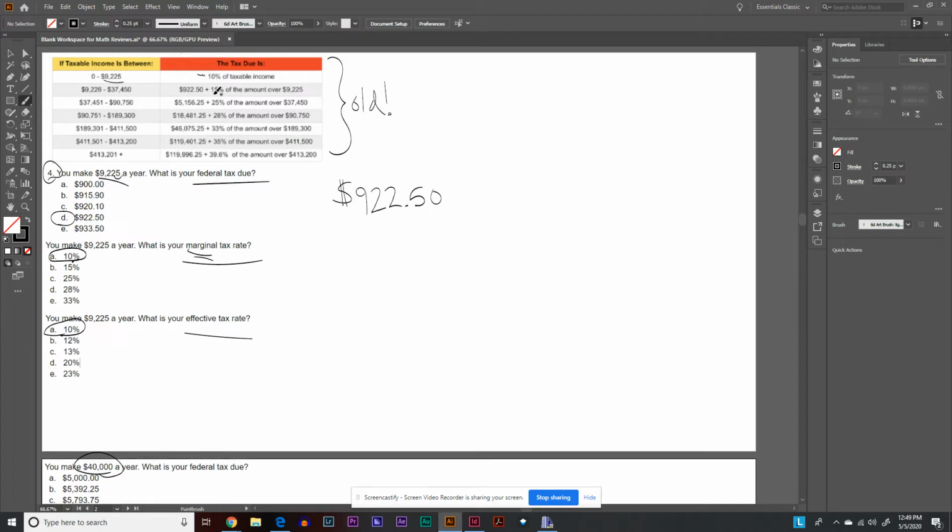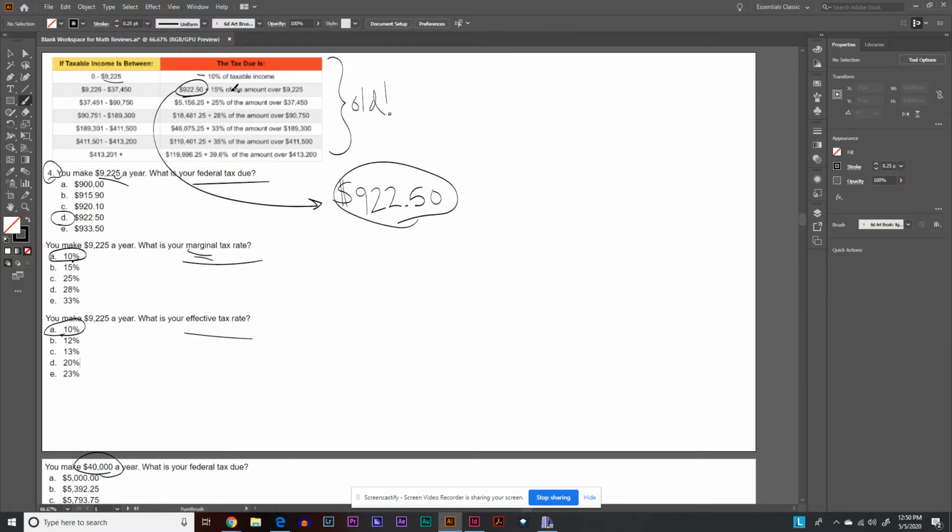This says that if we are in the range between $9,226 a year and $37,450 a year, then we will pay $922.50. Note that is the amount that we came up with needing to pay being in the 10% bracket for the first round of questions.